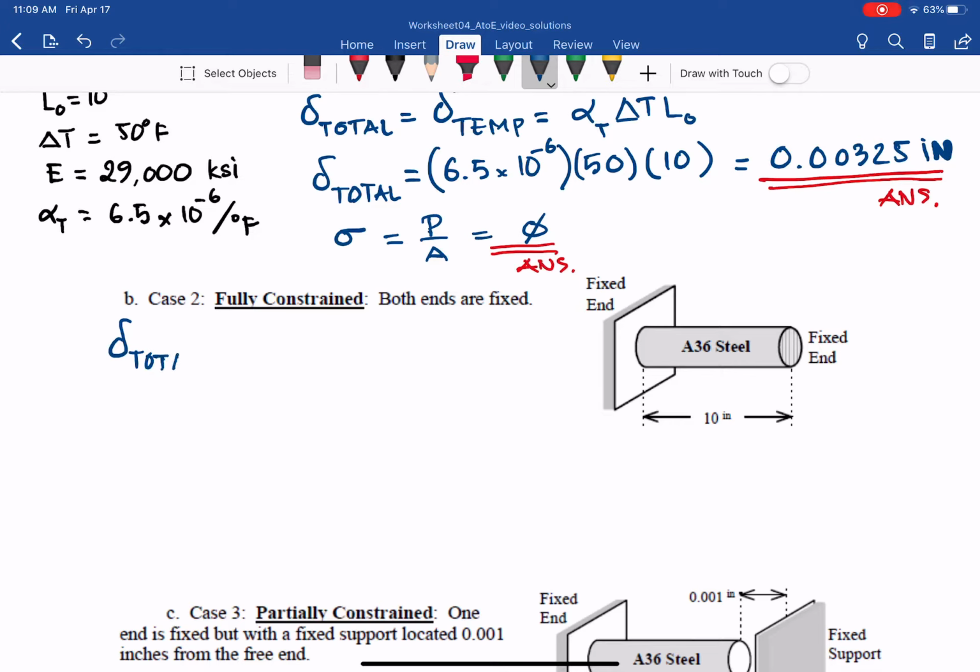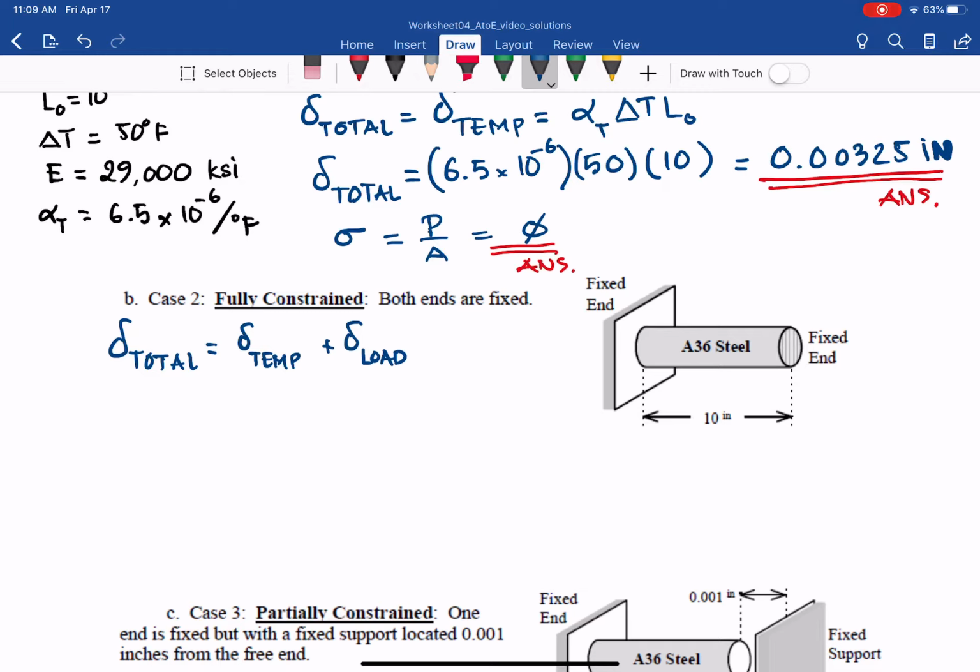It equals the expansion due to temperature plus the contraction due to the load that the wall forces onto the steel member.